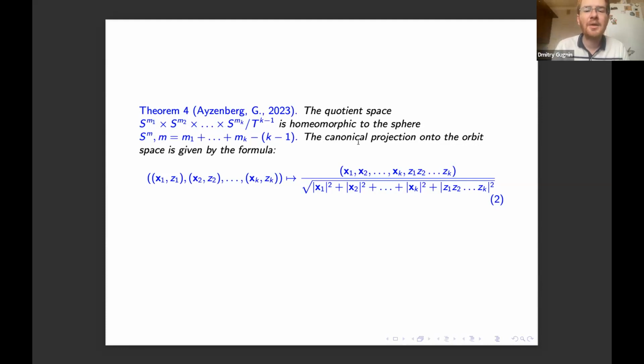And again, the canonical projection onto the orbit space is given by the formula. You take the x_i and the products z_1, z_2, ..., z_k, you just multiply, you get a vector and just norm it in the Euclidean norm.